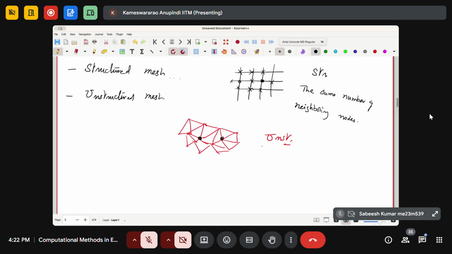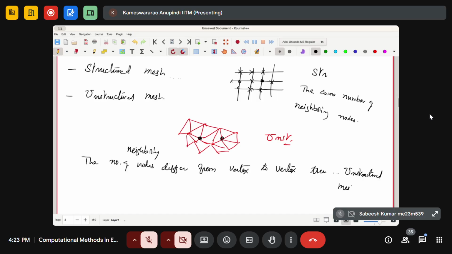So when the number of neighboring nodes differ from vertex to vertex, then we call it an unstructured mesh.